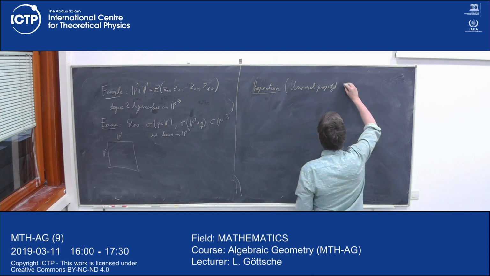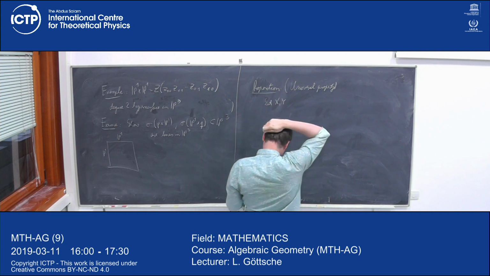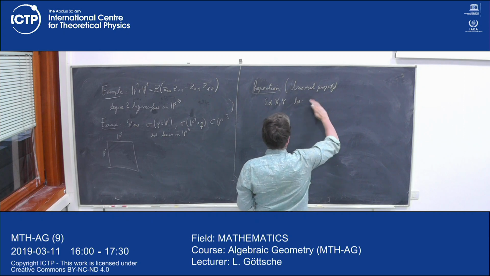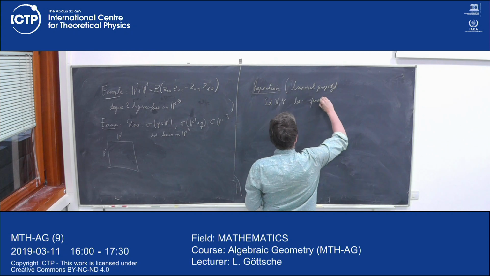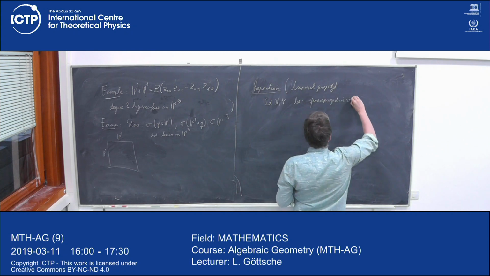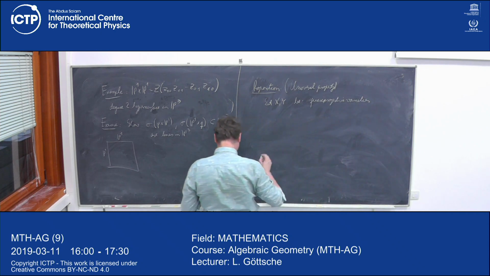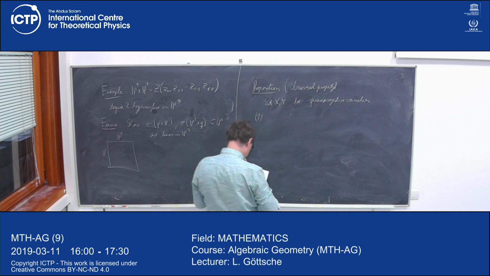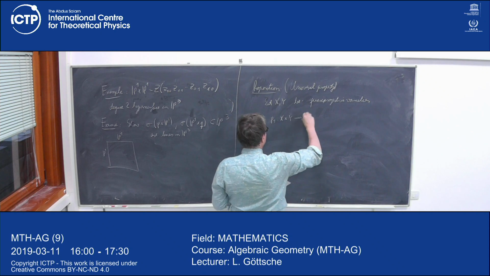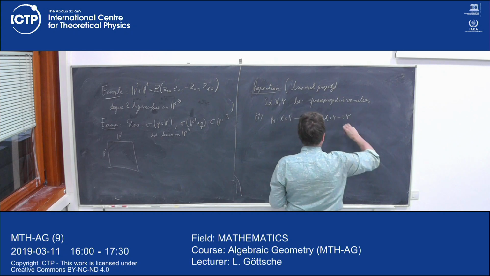So, let X and Y be varieties, by which I mean quasi-projective varieties. First, this we have already seen: if I take P1 from X times Y to X and P2 from X times Y to Y, these are morphisms.